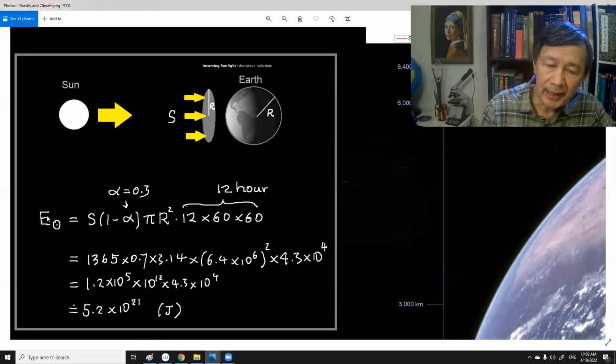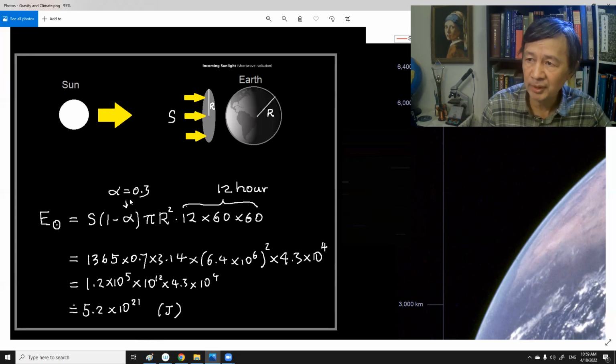The energy from the sun can be represented by the solar constant multiplied by the factor 1 minus alpha. Alpha is just the albedo. If you go to any high school textbook, you should be able to work out this formula. Pi r squared is just the cross-section area of this disk with the radius of the Earth, which is 6.4 thousand kilometers.